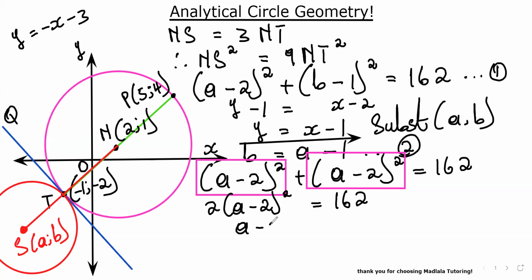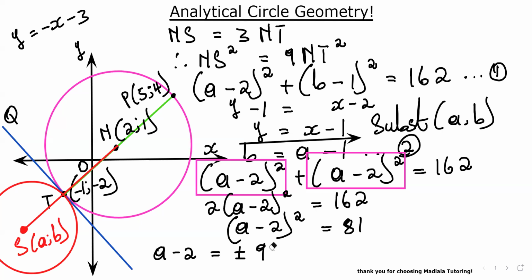So you find that A minus 2 squared is simply going to give us 81. And then you find the square root on both sides. Then you find that A minus 2 is plus or minus 9, right?